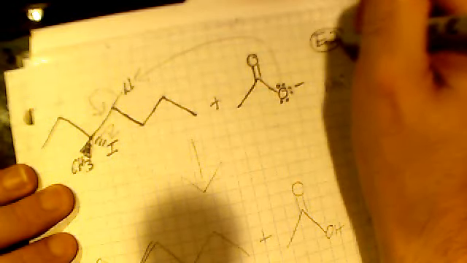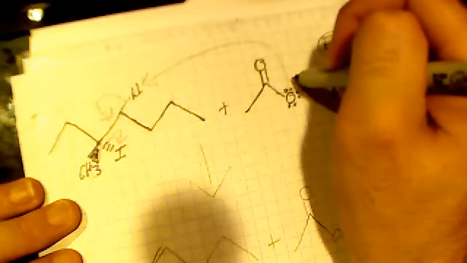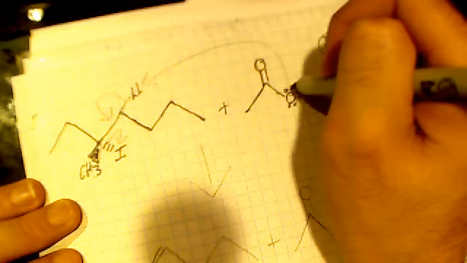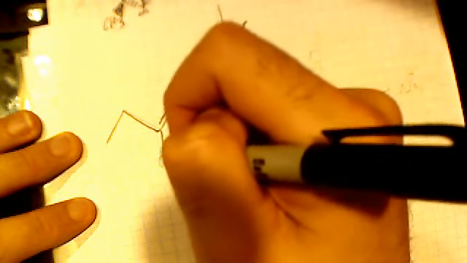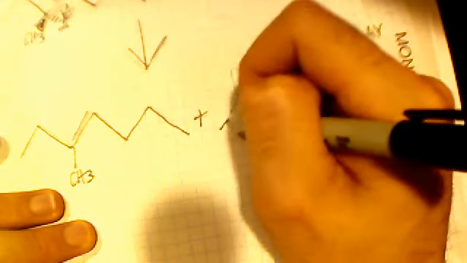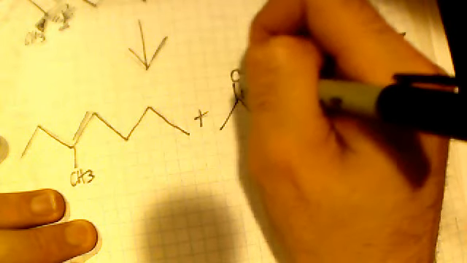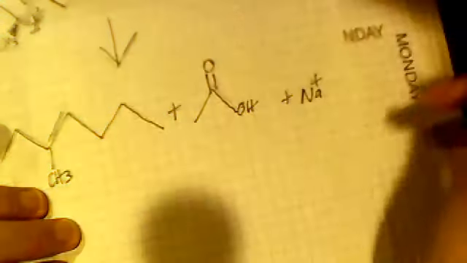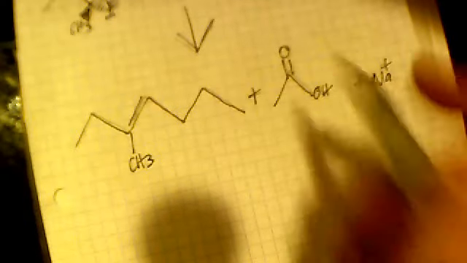So the acetate anion would take this hydrogen, which would then give its electrons to this bond, break off the iodine anion, and we would get this molecule plus acetic acid plus sodium cation.